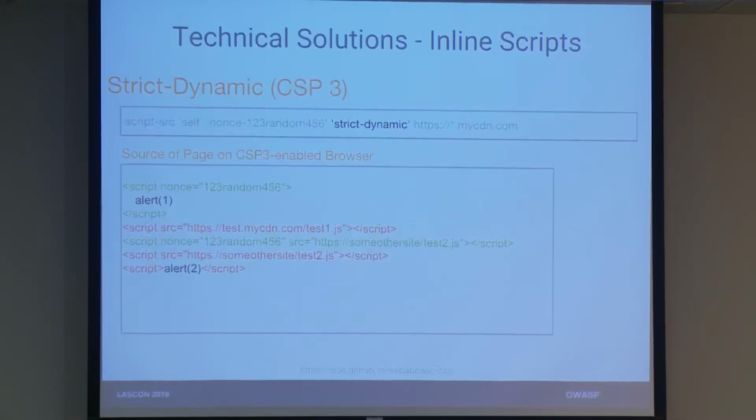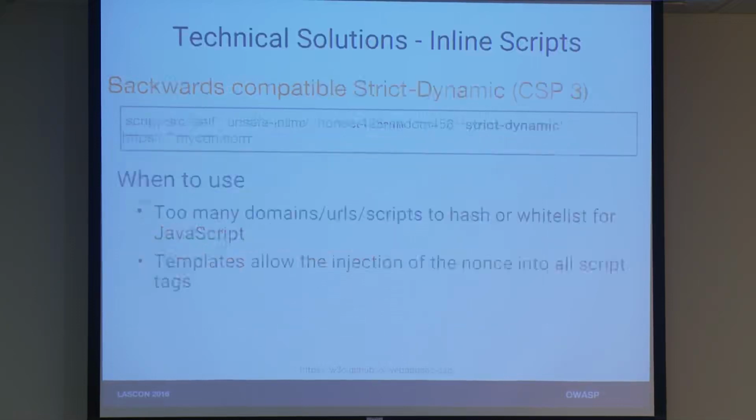However, that rules out things like the subdomains and keywords, so only hashes and nonces are available. So when to use it: if we have too many domains or URL scripts and the CSP header is going to grow too big, and we're working towards a policy, this is sort of an intermediate step.